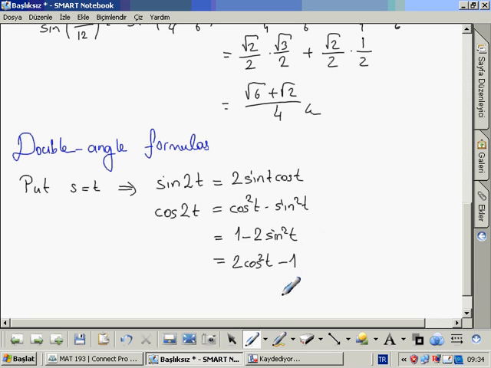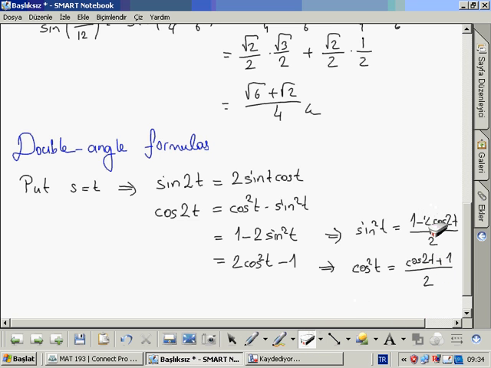And from this side you can obtain sine square t equals 1 minus cosine 2t over 2, and from here you can obtain again cosine square t equals cosine 2t plus 1 over 2.